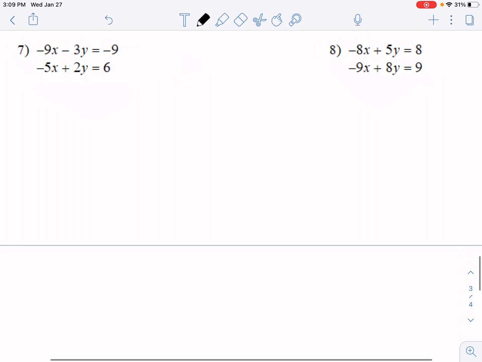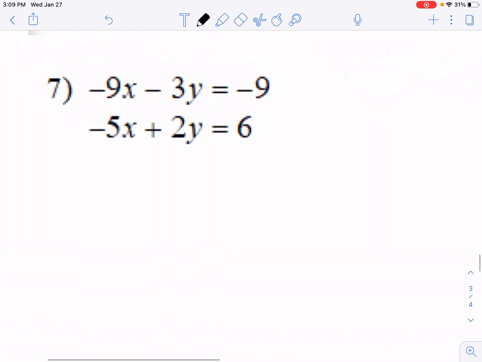For instance, when I'm looking at 7, personally, I think I want to eliminate y simply because it has a negative and a positive from the get-go. We could eliminate x, that would be fine, but I'm going to shoot for y because we have a -3 and a +2. So what we need to do is multiply the top and the bottom both by some constant, and they could be different constants, they don't have to be the same, so that we create opposite coefficients.